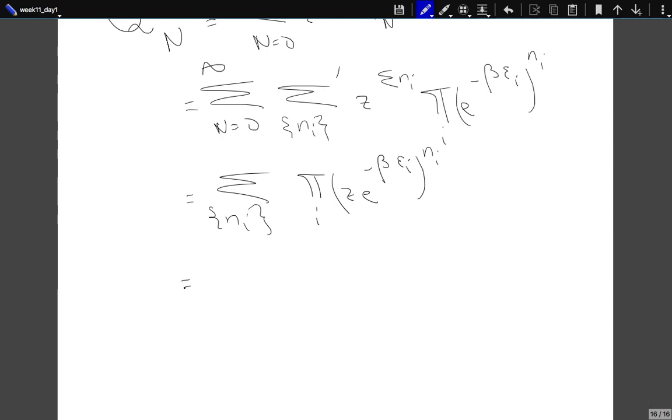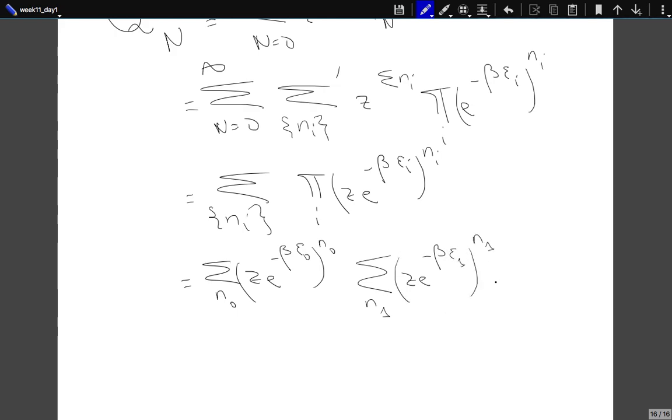Now, each one of these is a sum over the various n's. For example, there is a sum over n_0 of z times e to the power minus beta epsilon_0 raised to the power n_0. Then there is a sum over n_1 of z times e to the power minus beta epsilon_1 to the power n_1, and so on.